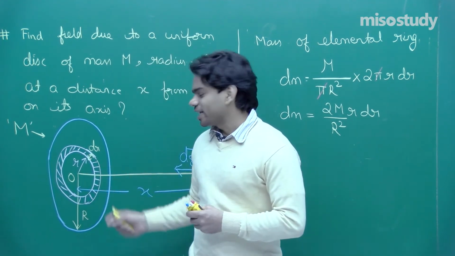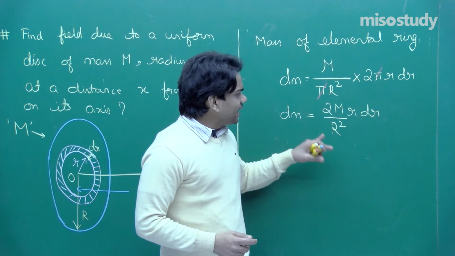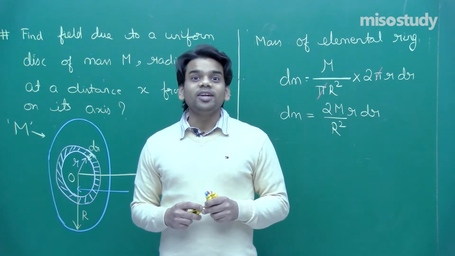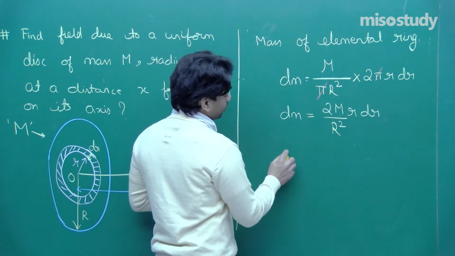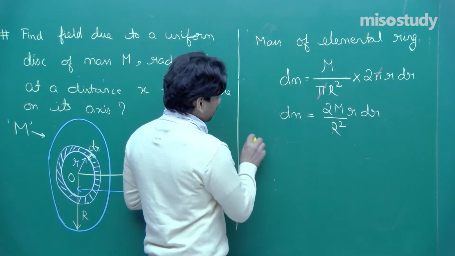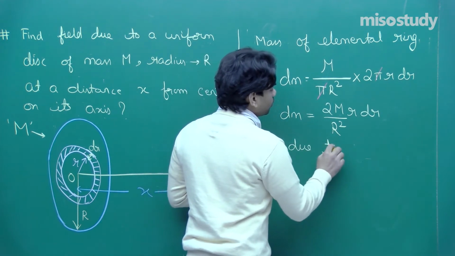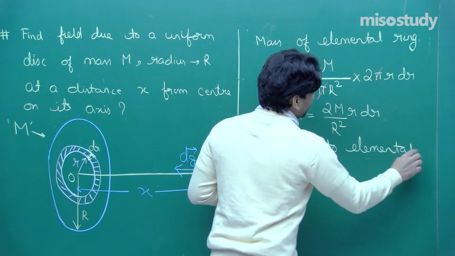We got the value of field due to a ring. Now we have to integrate accordingly to get the value of field due to the entire disk. First of all, let me write down the value of field due to the elemental ring that we have taken.